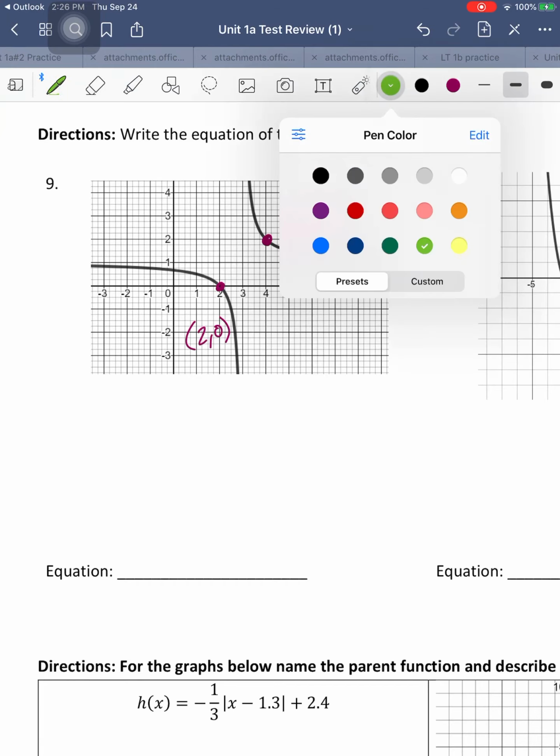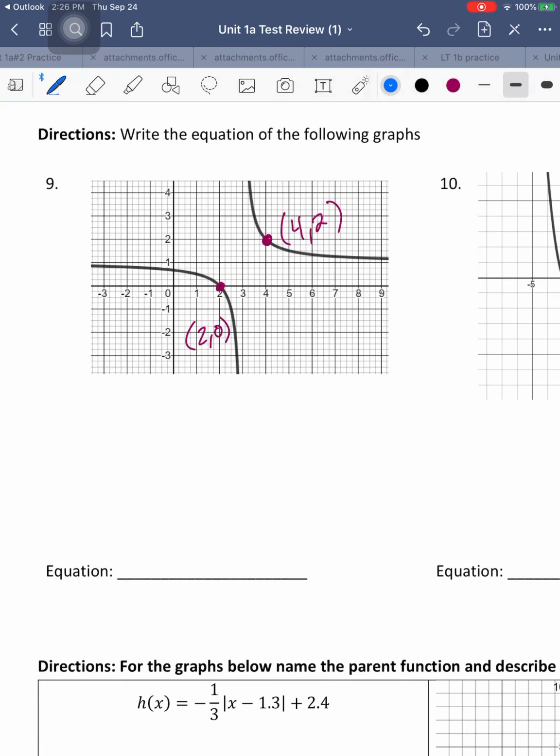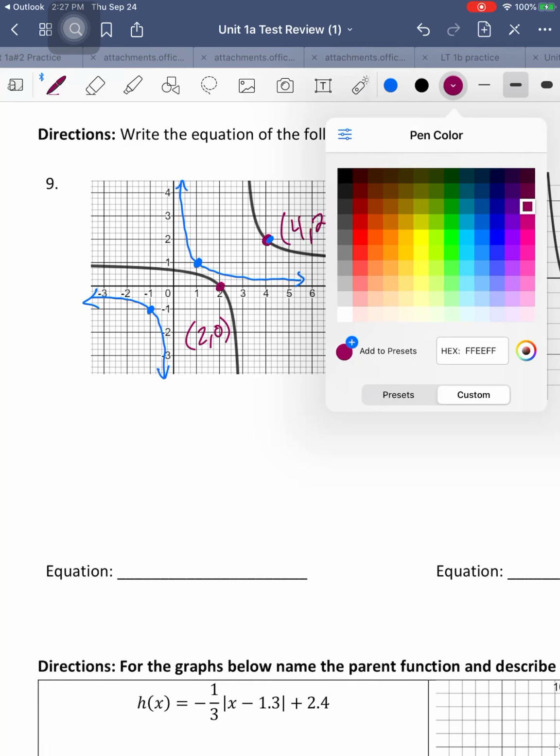Next, let's look at the parent function, where would that be? Parent function from (4, 2) comes from (1, 1). All you really need is to look at that portion of the graph, but you can look at (-1, -1) also.